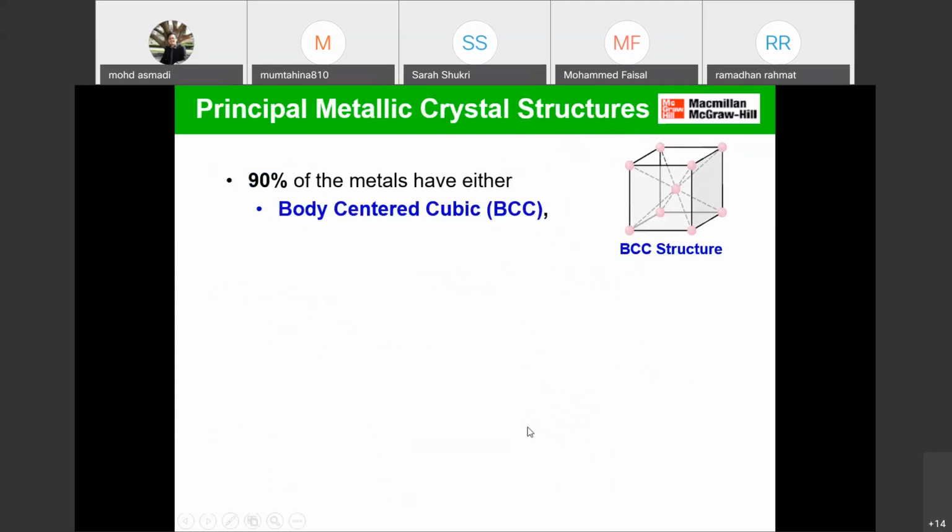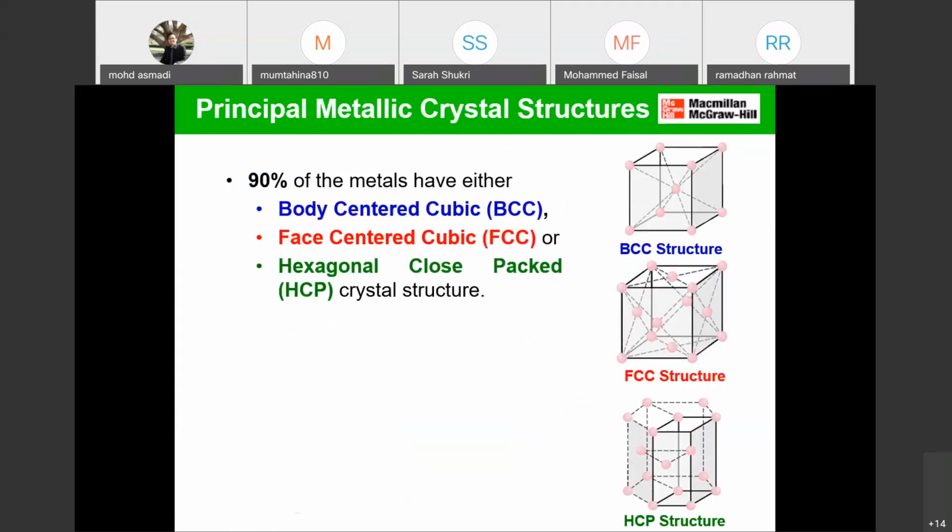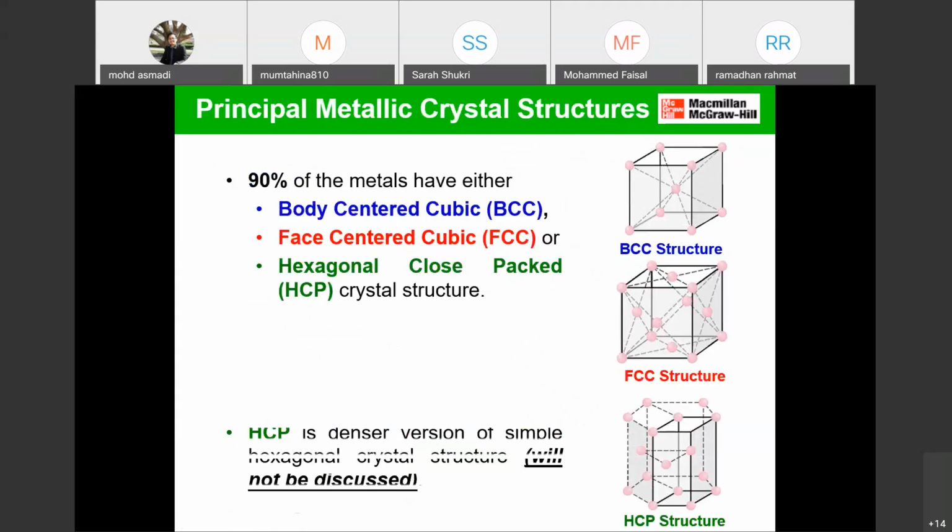Of metallic crystal structures, what I want to tell you is 90% of metals have either body centered cubic or face centered cubic. Hexagonal close pack crystal structure we're not going to cover in this course, so we're going to cover only body centered cubic and face centered cubic, mostly this one.